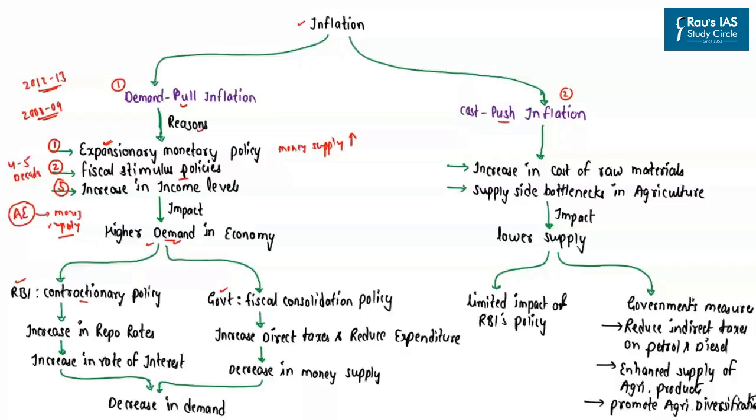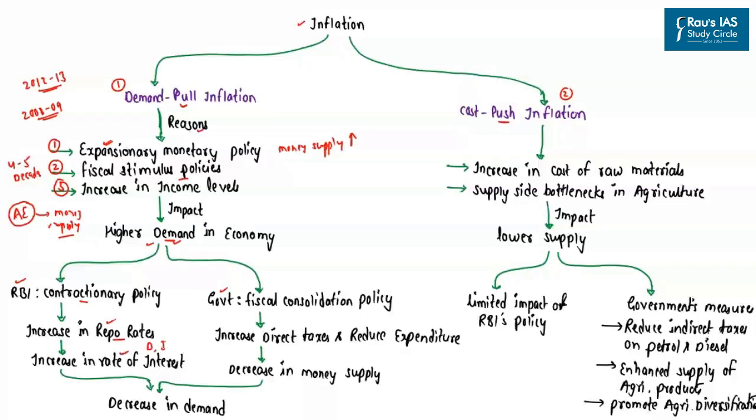To do that, the RBI will increase policy rates such as the repo rate. As the repo rate increases, it becomes costlier for banks to borrow from the Reserve Bank of India. So banks would be pressurized to increase the rate of interest on their deposits as well as loans.